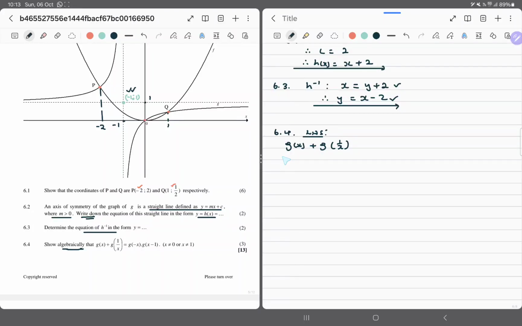Okay, this is equal to g of x is minus 1 over x plus 1 plus 1 plus, now this is minus 1 over, where we see x we put 1 over x plus 1 plus 1. Alright, so this is equal to, now obviously guys, we need to deal with this alone and deal with that alone.